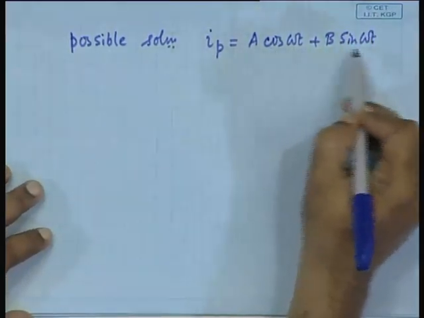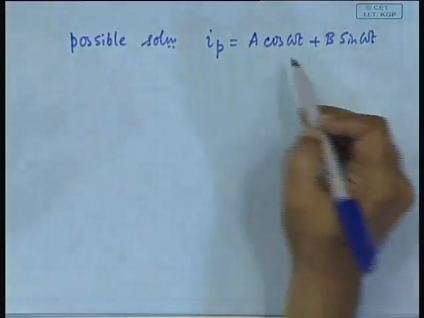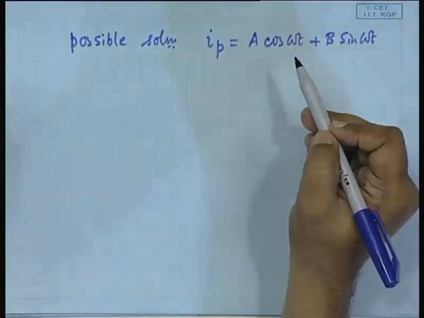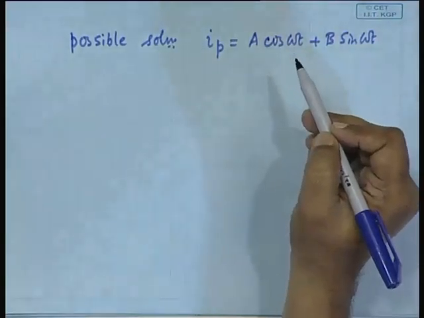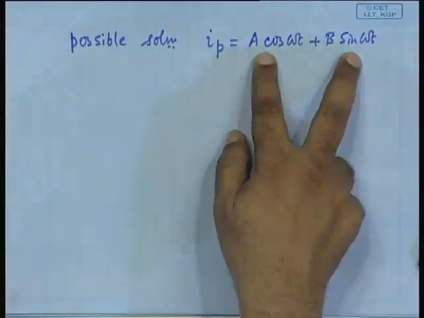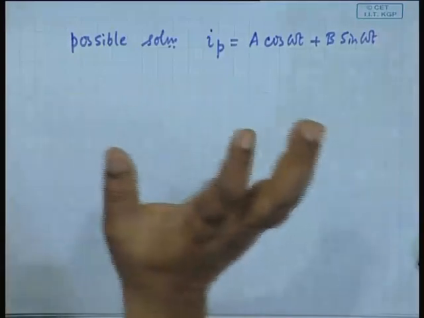Why did I say that this is a general form of a sinusoid? Because cos omega t has a 0 at pi by 2, 3 pi by 2 and all that. Sin omega t has a 0 at 0, pi, 2 pi and all that. So, they are exactly 90 degrees out of phase. Their addition, depending on the values of A and B, can yield any possible sinusoid in between.